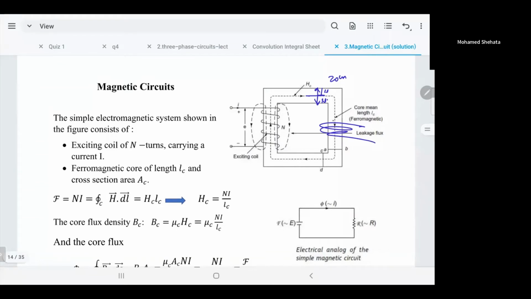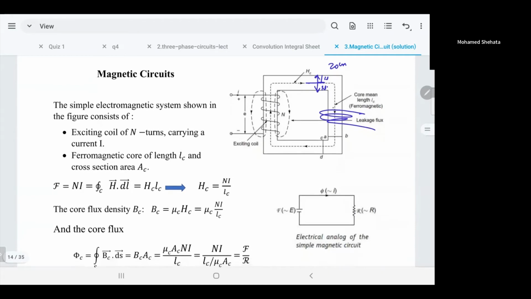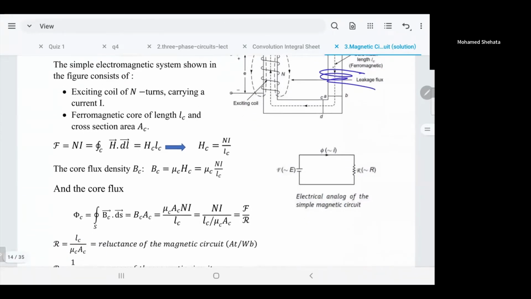But this leakage doesn't affect that coil. So we call it leakage. I'm not using it. There is leakage flux, but this is the main flux that we want. And this coil, because it is responsible for producing the magnetic field, we call the exciting coil.